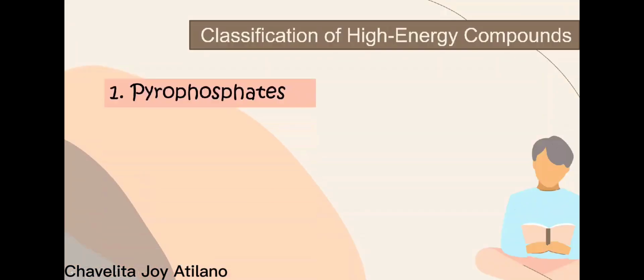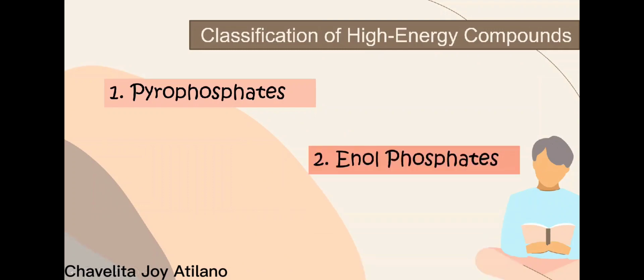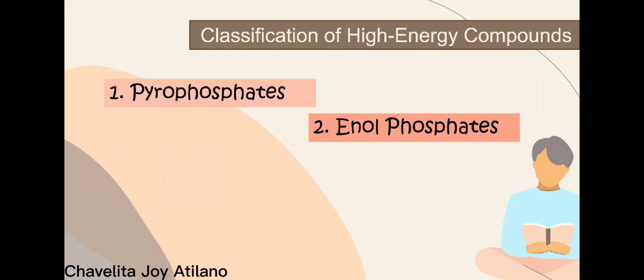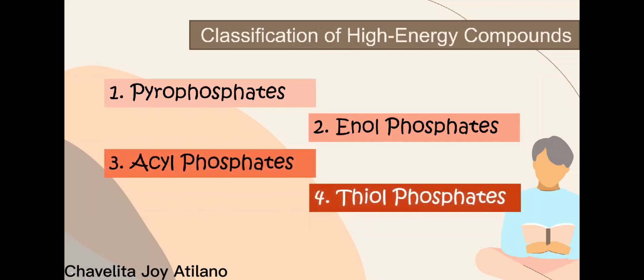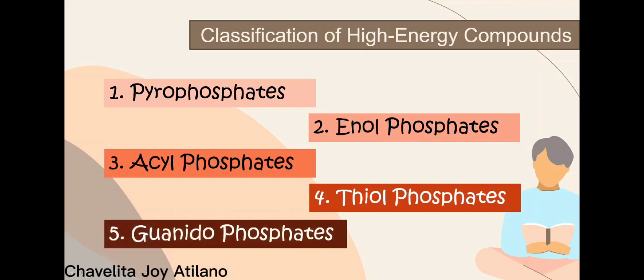High-energy phosphate groups are mainly classified into five groups. The first is the pyrophosphates, the second is the enol phosphates, the third is the acyl phosphates, the fourth is the thiol phosphates, and lastly, the guanidophosphates.